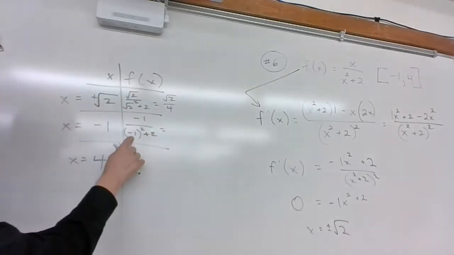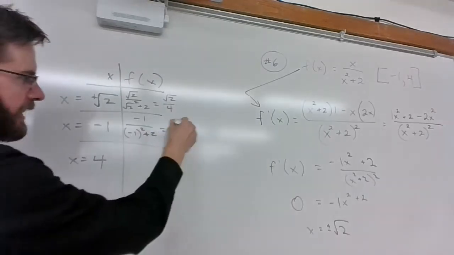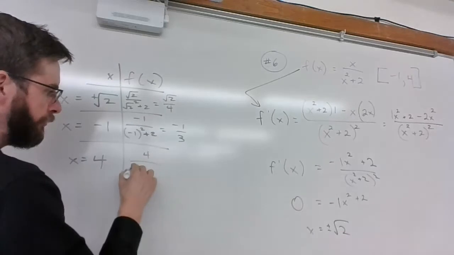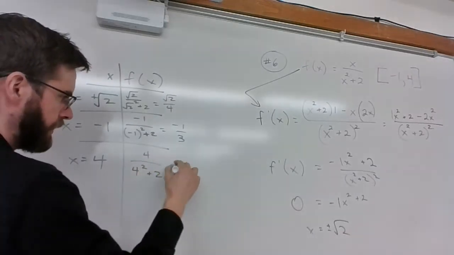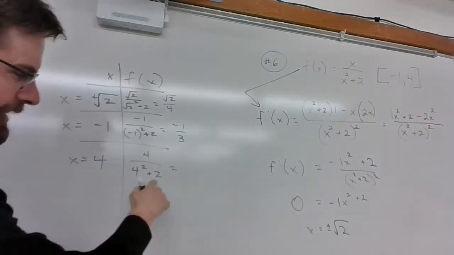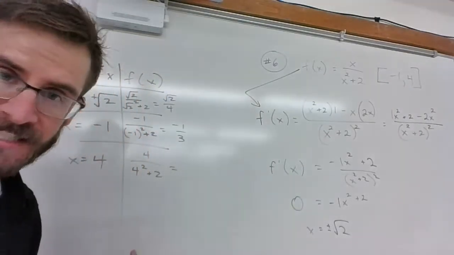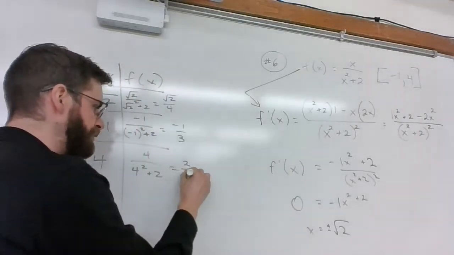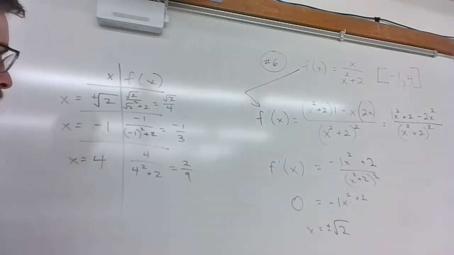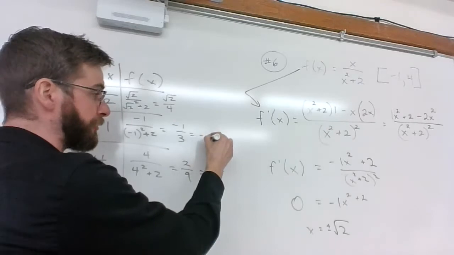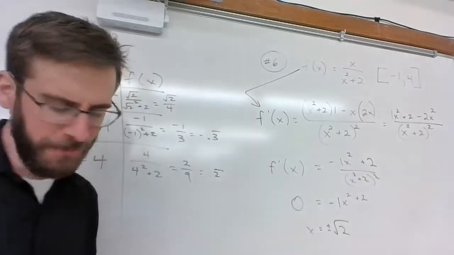So negative 1 squared is 1, plus 2 is 3, negative 1/3 is this one right here, and then when you plug in 4 over 4 squared plus 2, that gives you 4 over 16 plus 2. 16 plus 2 is 18. 4 over 18 is 2/9. So this is 0.2 repeating, this is negative 0.3 repeating, and this one, I'm not exactly sure.